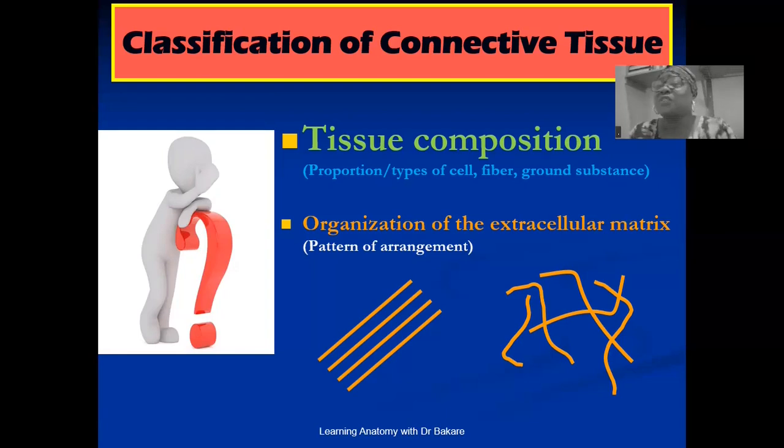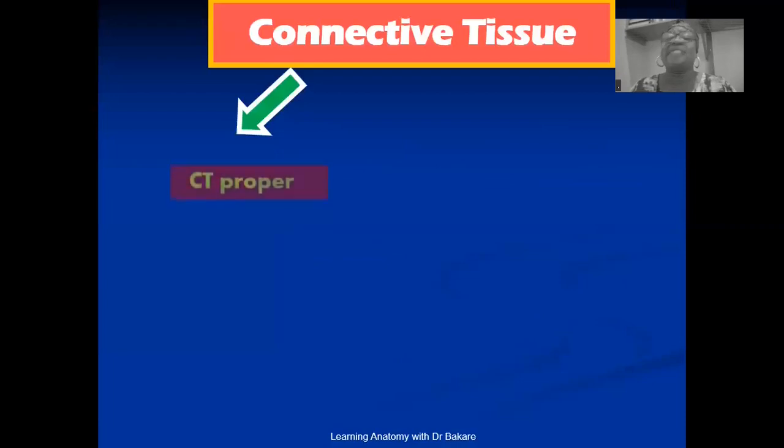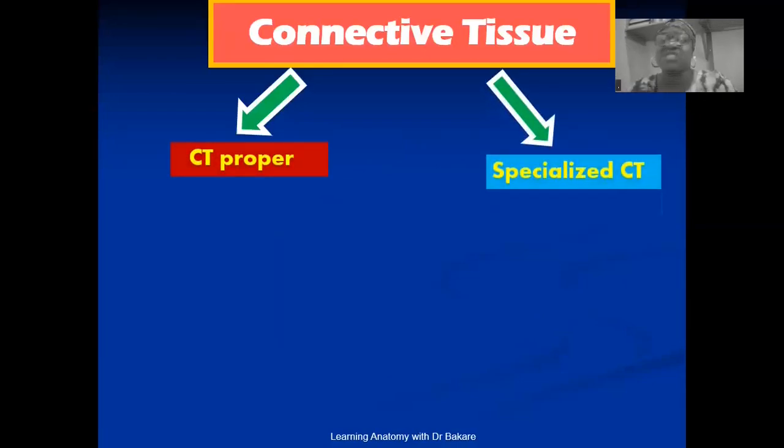So it is good for us to highlight the basis behind this classification. So let's drive further to see the different types of connective tissue that we have. Connective tissue is divided into the connective tissue proper and also the specialized connective tissue. The connective tissue proper, this type of connective tissue represents the general configuration of connective tissue.